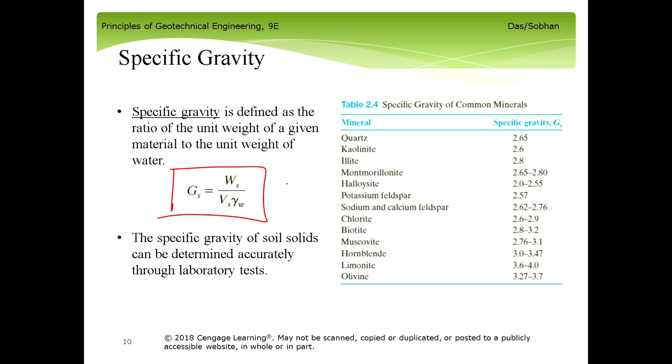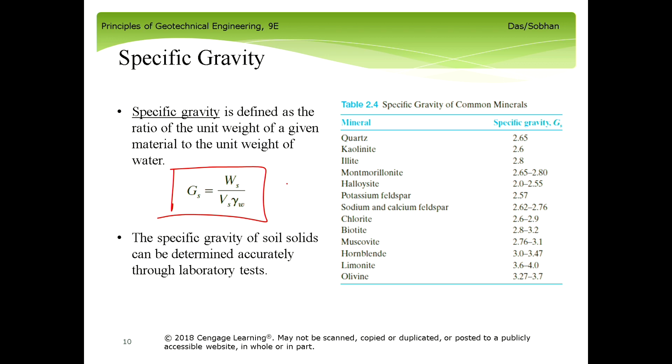Based on this definition, for the same volume of water and this quartz, the weight of the quartz is 2.65 times the weight of water, as long as the volume is the same, right? So this is the definition for specific gravity. So what is specific gravity? Why do we use specific gravity?